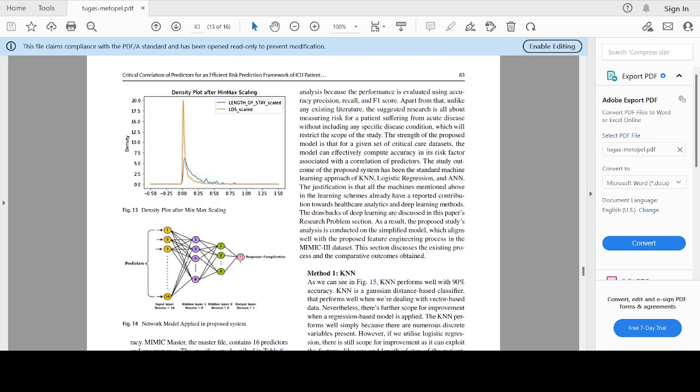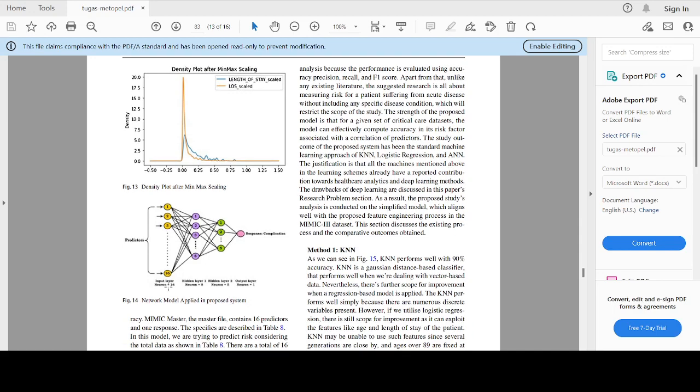This is the proposed model system. The ANN consists of 16 input features, hidden layer 1, hidden layer 2, and output layer 1.